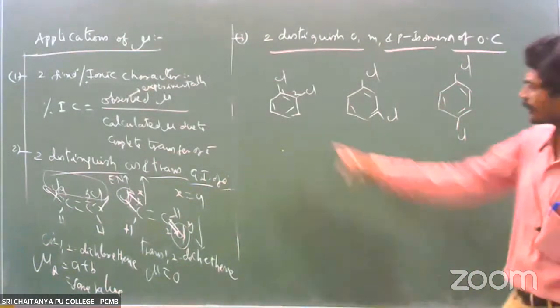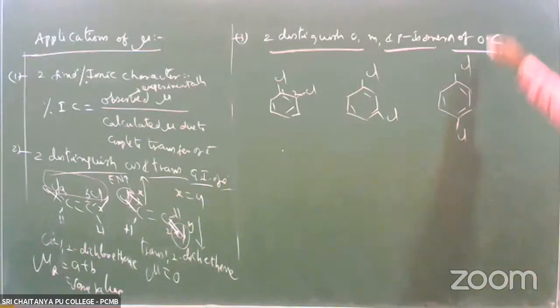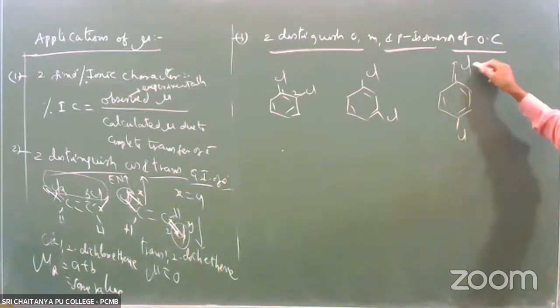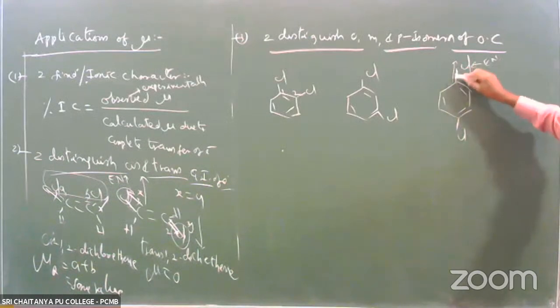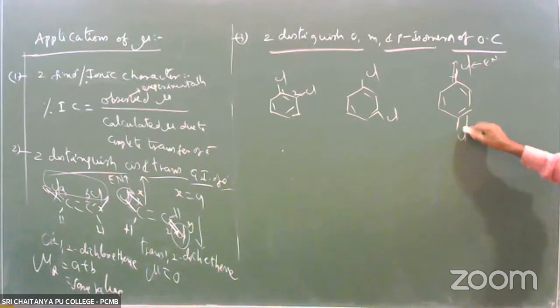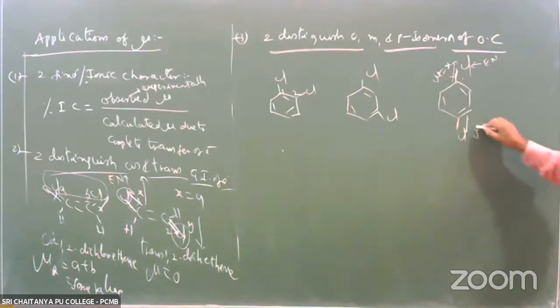Now, how can you separate the ortho, para, and meta isomers of aromatic compounds? See here, the bond moment is towards the chlorine atom, because compared to carbon, chlorine is more electronegative. The electron moves more towards the chlorine. The bond moment of this is some x value, and of this is some y value.